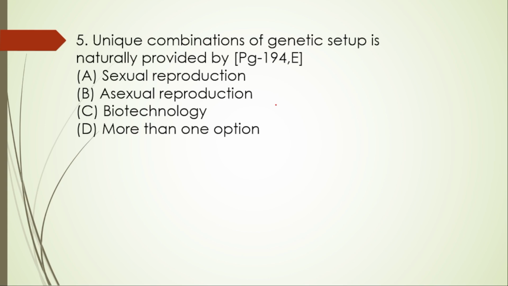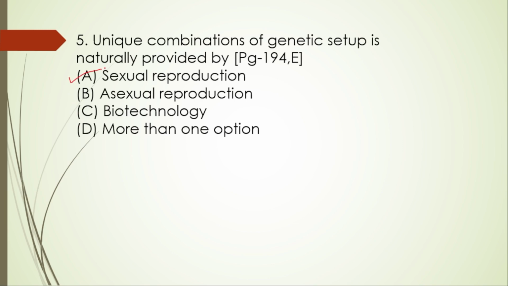Next, the fifth one. Unique combination of genetic setup is naturally provided by sexual reproduction, asexual reproduction, biotechnology, or more than one option.